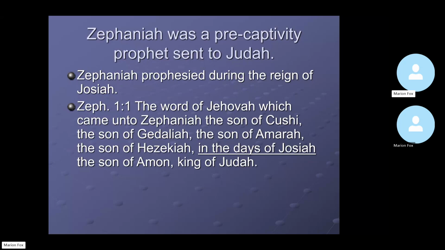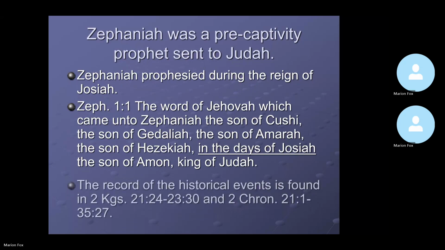And this was in the days of Josiah, the son of Amon, king of Judah. So he's a cousin to Josiah. They're both descendants of Hezekiah. So here, Josiah had one of his cousins prophesying and trying to encourage him and help him.